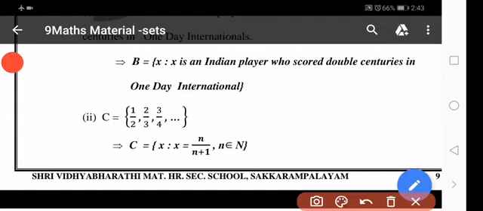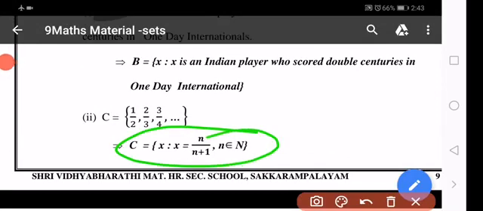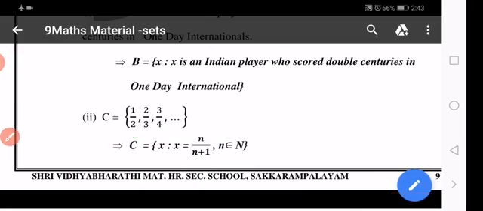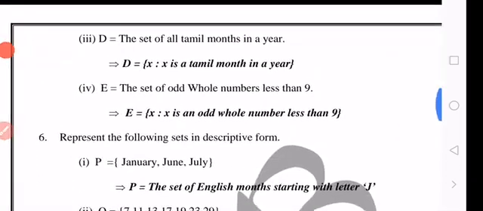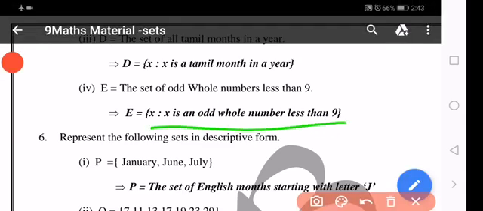We generate the formula for all x such that x equals n by n plus 1, and the set of all Tamil months in a year, for all x such that x is a Tamil month in a year. And the fourth one, the set of all odd whole numbers less than 9, for all x such that x is an odd whole number less than 9.